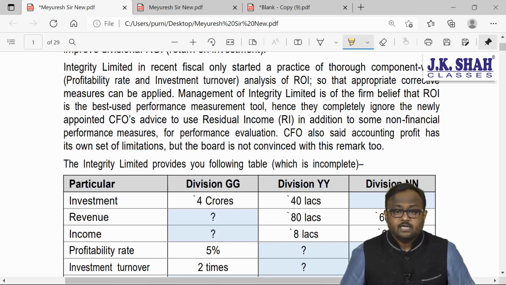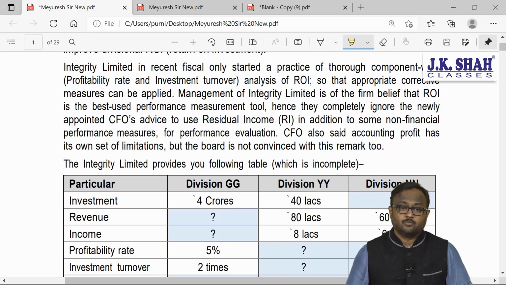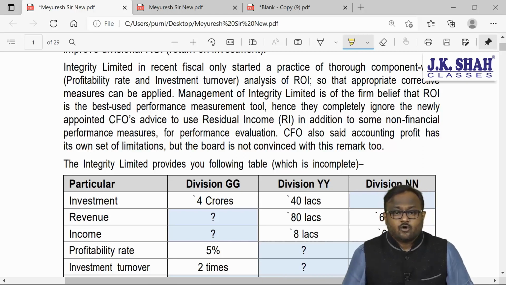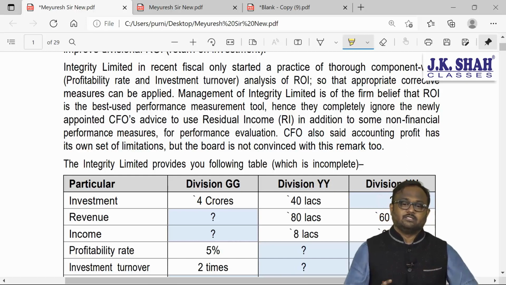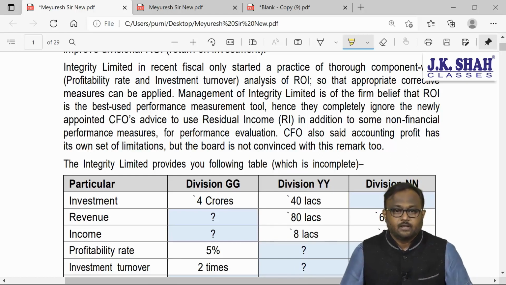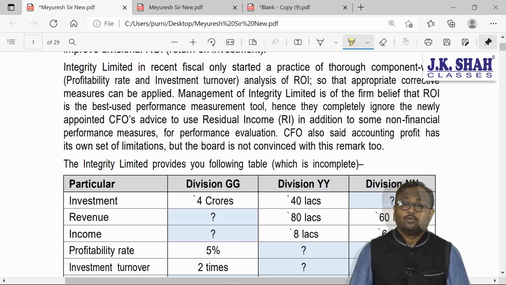Hence, they completely ignore the newly appointed CFO's advice to use residual income in addition to some non-financial performance measures for performance evaluation. Meaning, they are not going for any other base apart from ROI. They are just following the same conservative strategy and thought process. The CFO also said accounting profit has its own set of limitations, but the board is not convinced with this remark too.